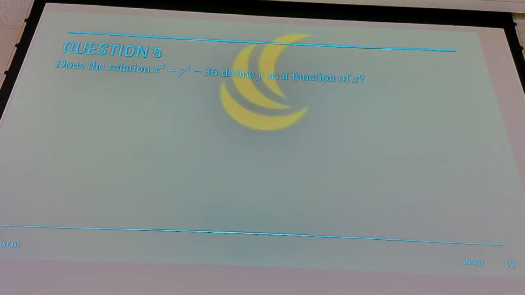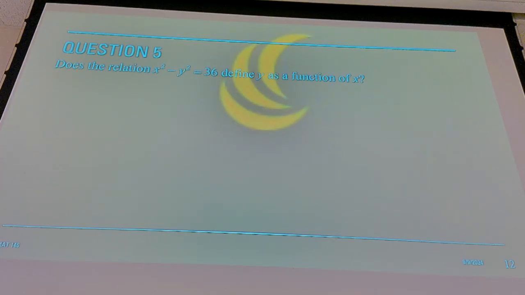x squared minus y squared equals 36. Is this defining y as a function of x?